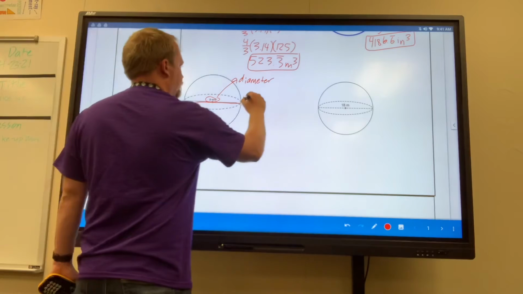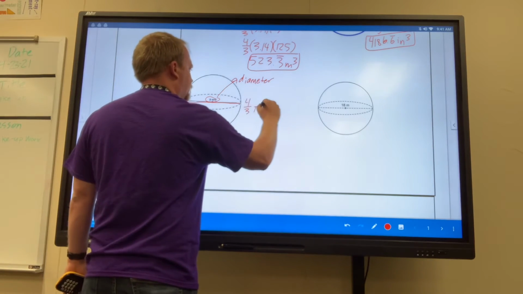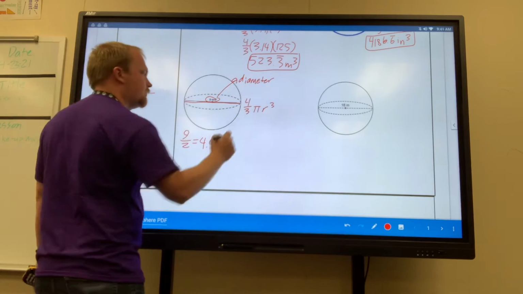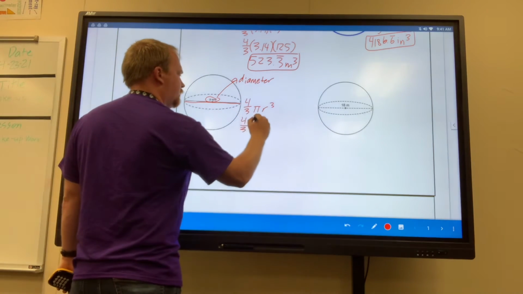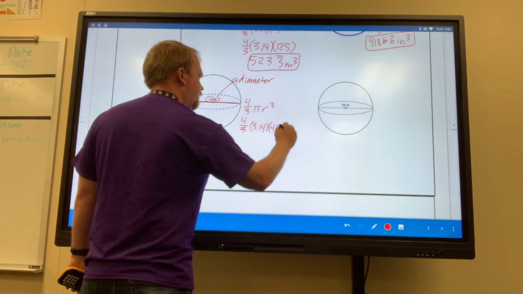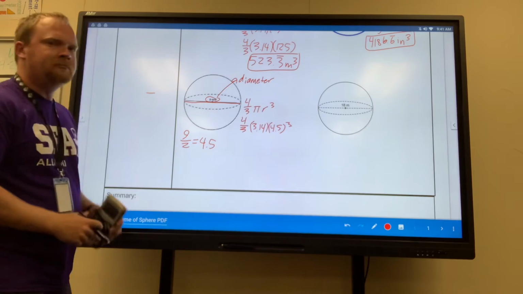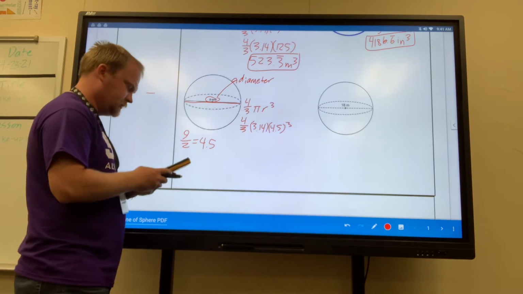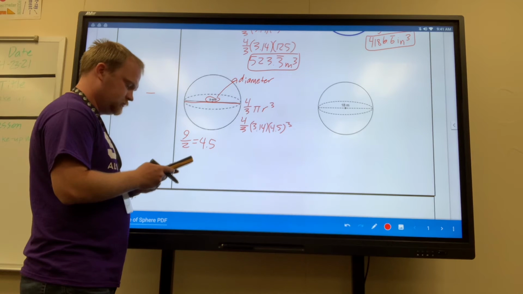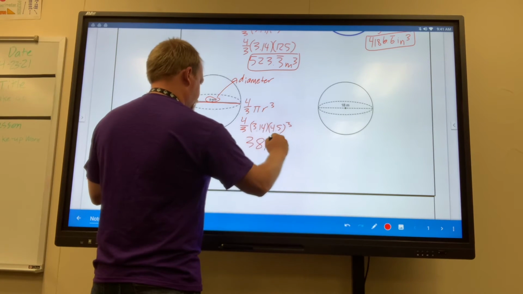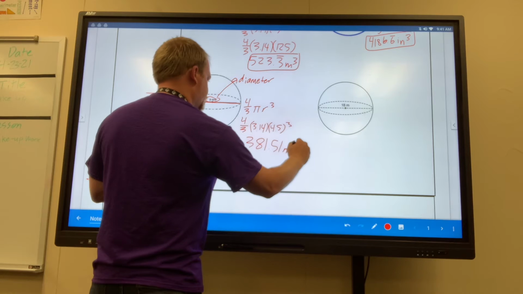So then I can do 4 over 3 pi r cubed, because remember, this is the volume. 4 over 3, 3.14, 4.5 cubed. Okay? So then, I'm going to multiply it all out. That gives me 381.51 millimeters cubed.